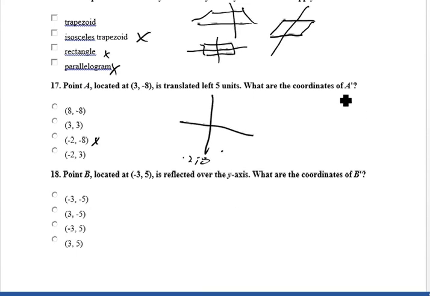What are the coordinates of the image? So if the point A, the pre-image, is located at 3, -8, then what are the coordinates of the image? So point B is located at -3, 5 and is reflected over the y-axis. What are the coordinates of the image?